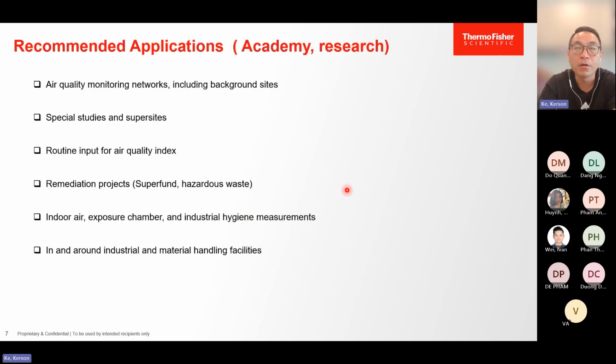Okay, and for TEOM, because the technology is more direct measurement, the professors or the researchers believe TEOM much more than the beta technology, because it's the direct measurement. Okay.